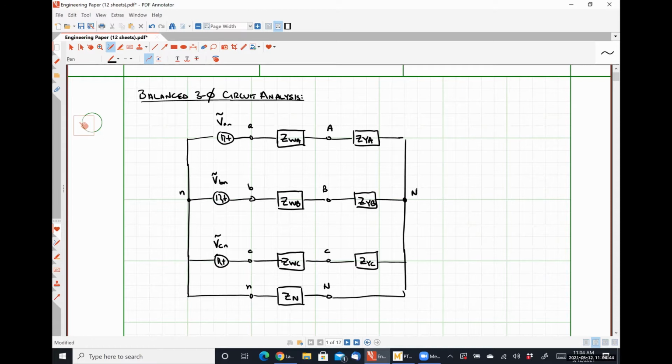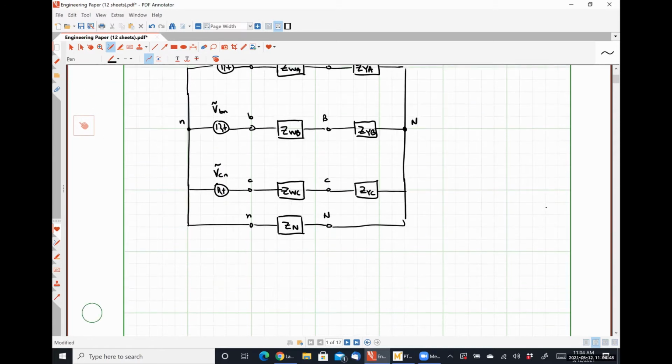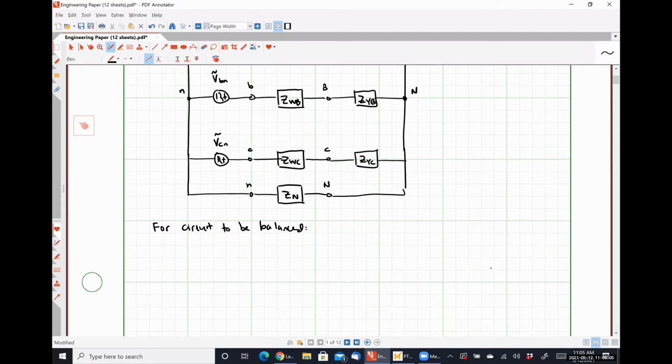This circuit is considered balanced under the following criteria. All right. So the first criterion is that the magnitude of the phase voltages at the source are equal.